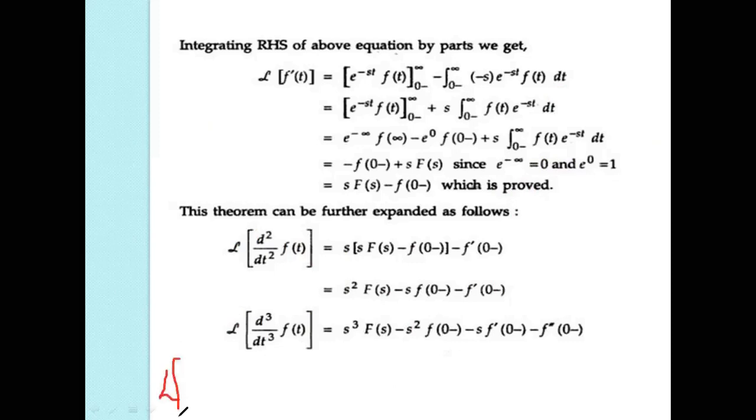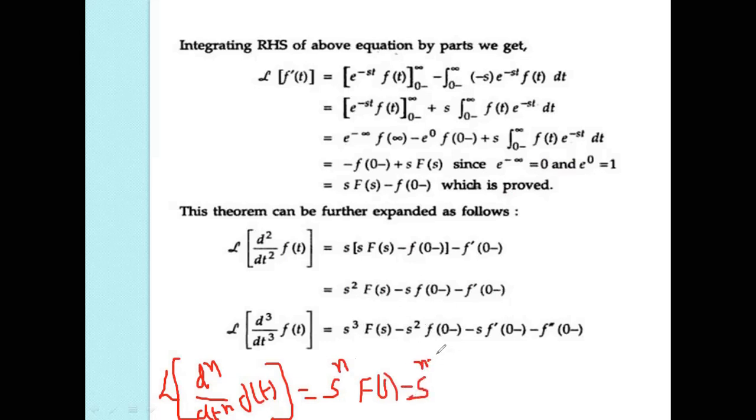And for the nth term, the Laplace transformation of d power n by dt power n of f of t is equal to s power n F of s minus, and it decreases. What is decreasing here?